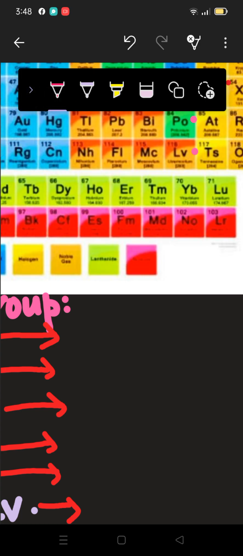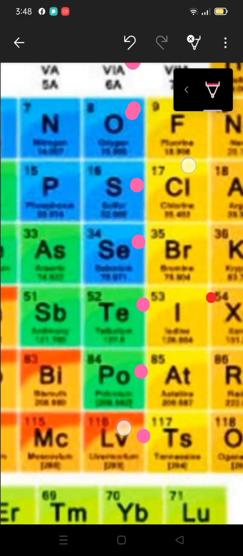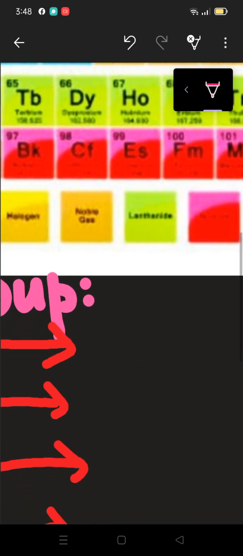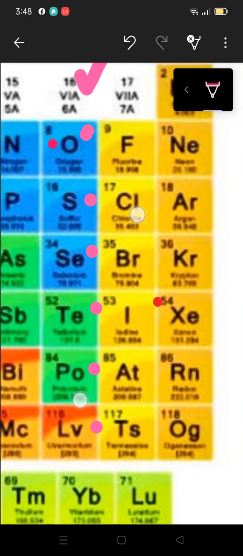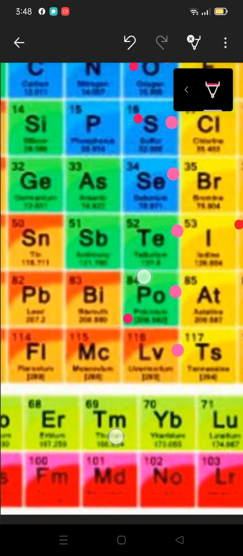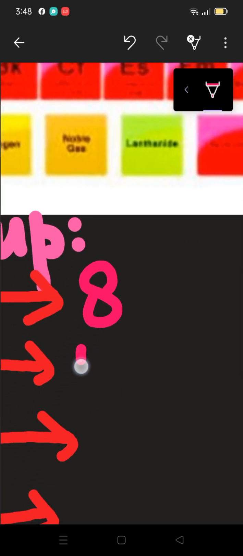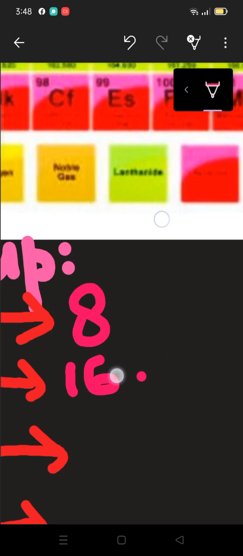As you can see here, oxygen has atomic number 8. Then sulfur has atomic number, not 15 but 16, because 15 is the atomic number of phosphorus. Then sulfur has 16.